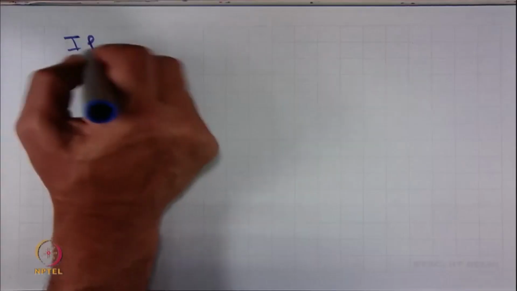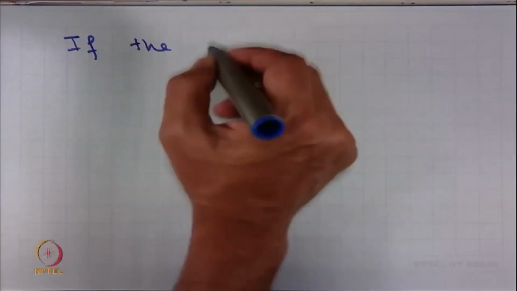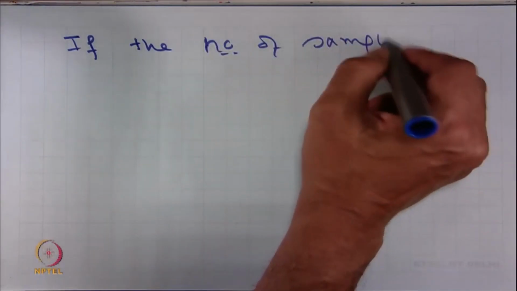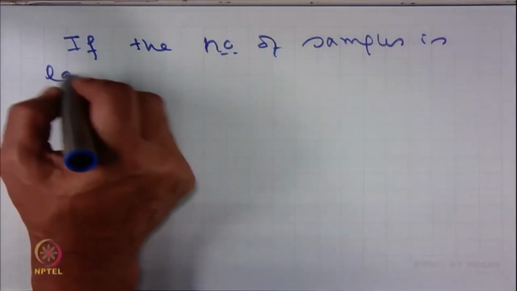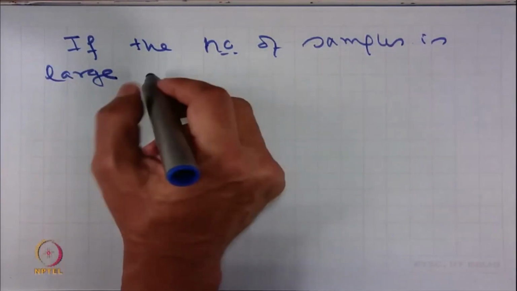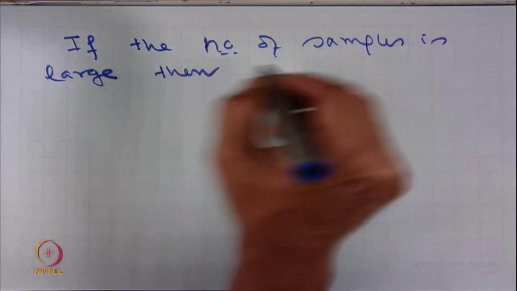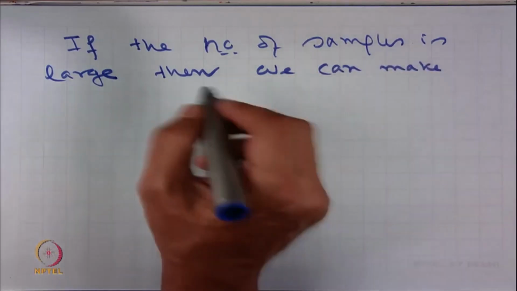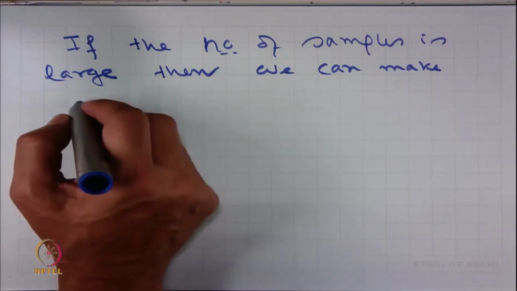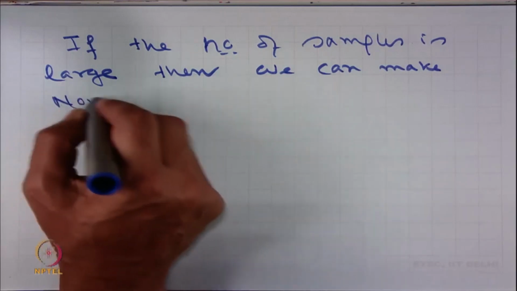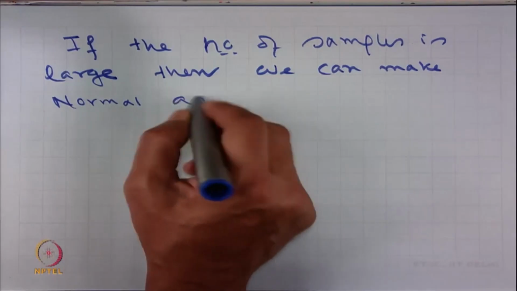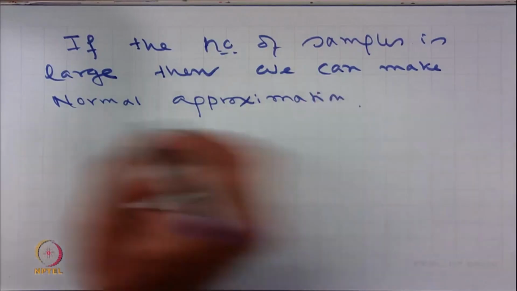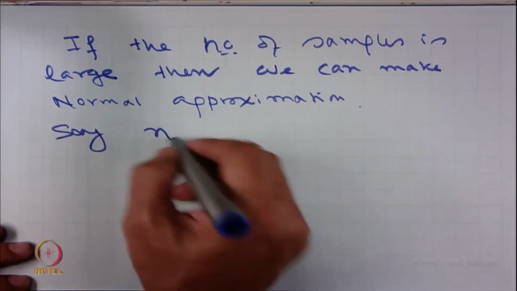If the number of samples is large, then we can make a normal approximation, say n is equal to 100.